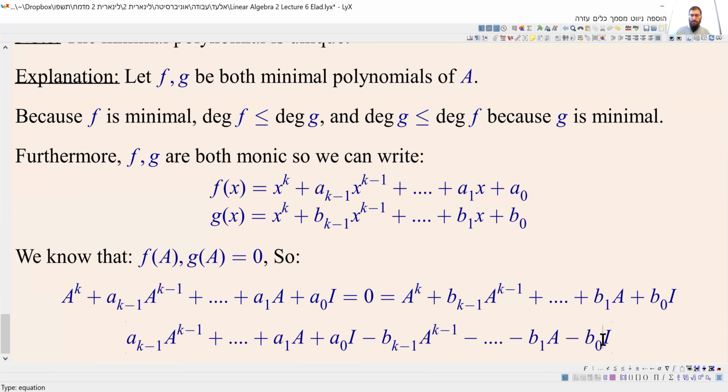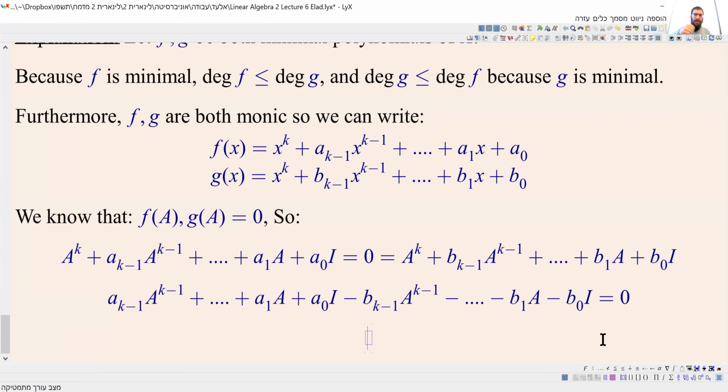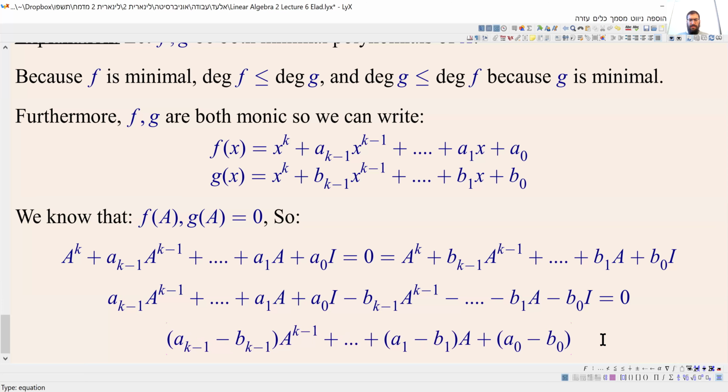And of course, we can put them together in pairs. The coefficient of A^{k-1} is a_{k-1} minus b_{k-1}, and so on for every other coefficient. The coefficient of A is a_1 minus b_1, and the free coefficient is a_0 minus b_0.